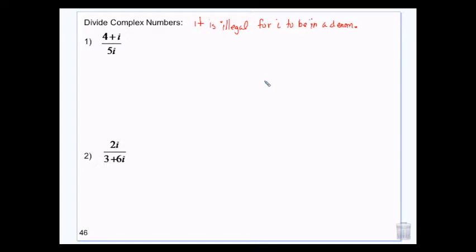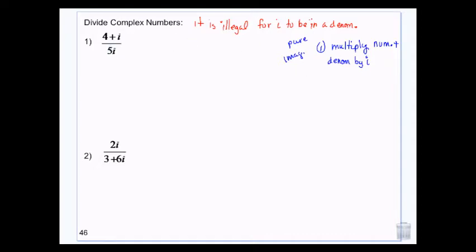So in order to clear the i's, you have to multiply numerator and denominator by i. And this is if you have a pure imaginary in the denominator. So we have 5i.